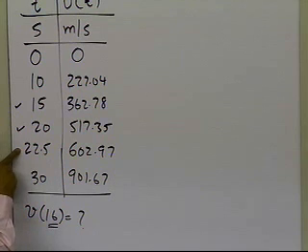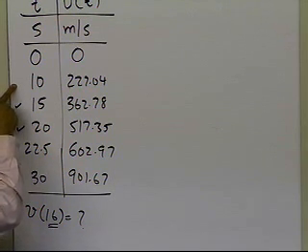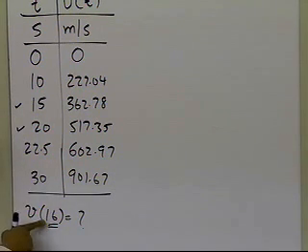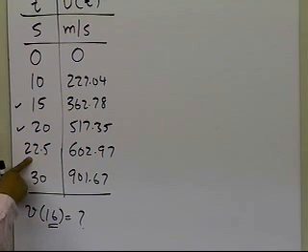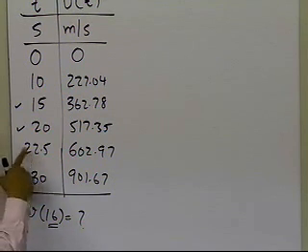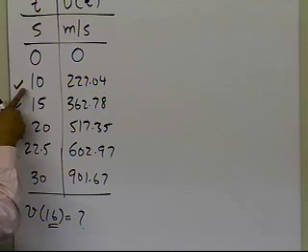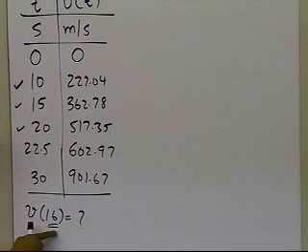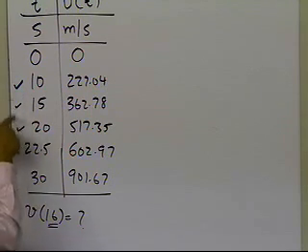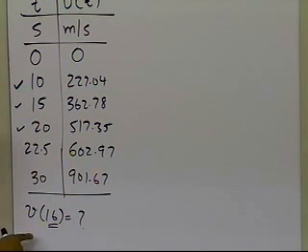Then should I choose 22.5 or should I choose 10? 10 is 6 away from 16, while 22.5 is 6.5 away from 16, so I should be choosing 10. So you make the decision about the 3 data points based on the distance between these data points and 16, but at the same time also make sure that the 3 data points you choose for the quadratic interpolation bracket this point of 16. Otherwise, it will be extrapolation.